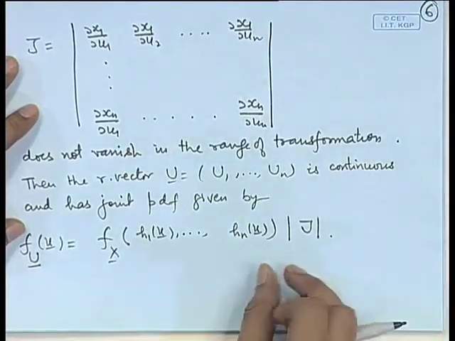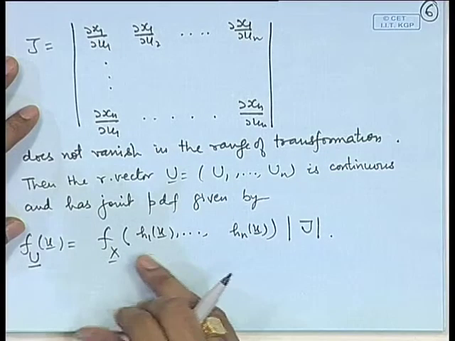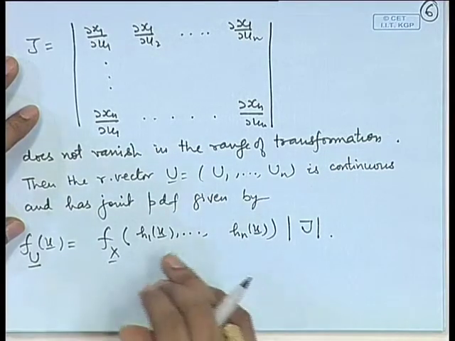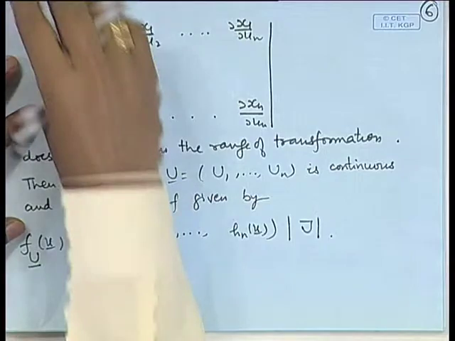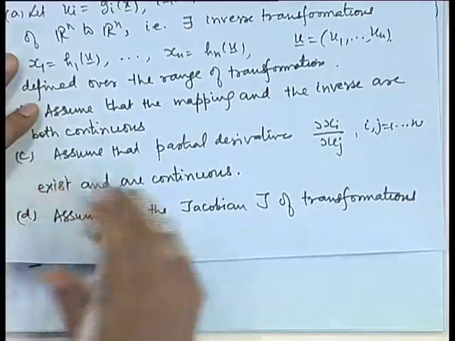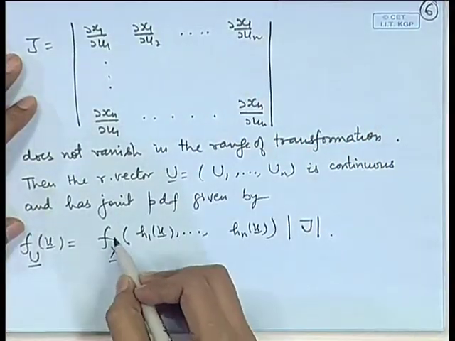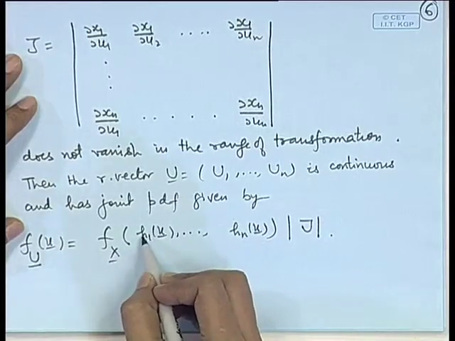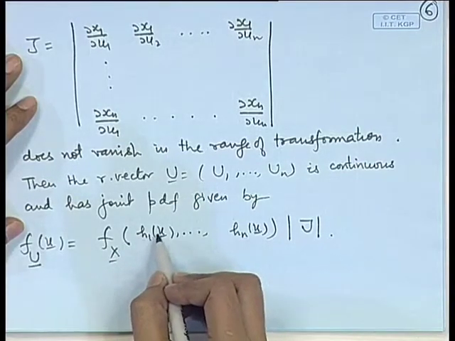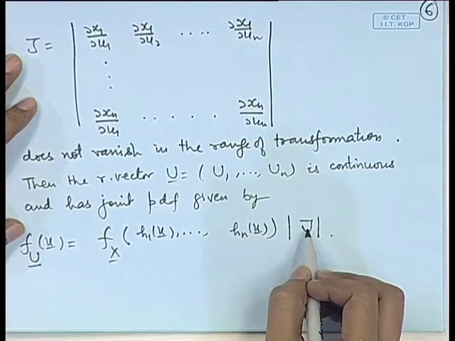If you see it carefully, it is a straightforward generalization of the result for the one-dimensional case. In the one-dimensional case, we had considered a 1-to-1 transformation and looked at the dx by dy term. The density of the transformed variable was obtained as the density evaluated at x equal to g inverse y, multiplied by the absolute value of the dx by dy term.